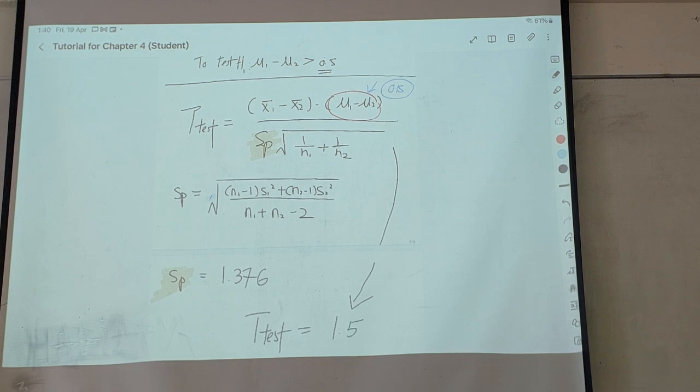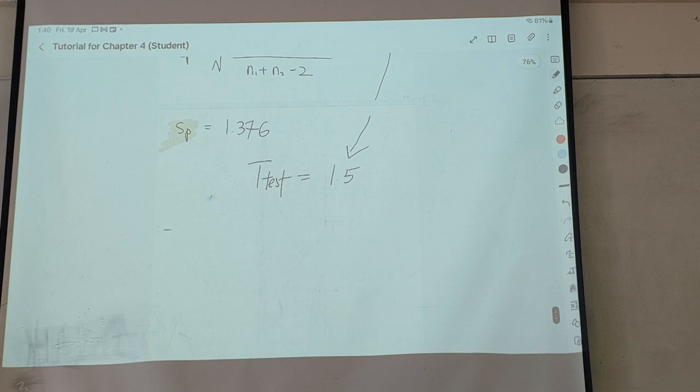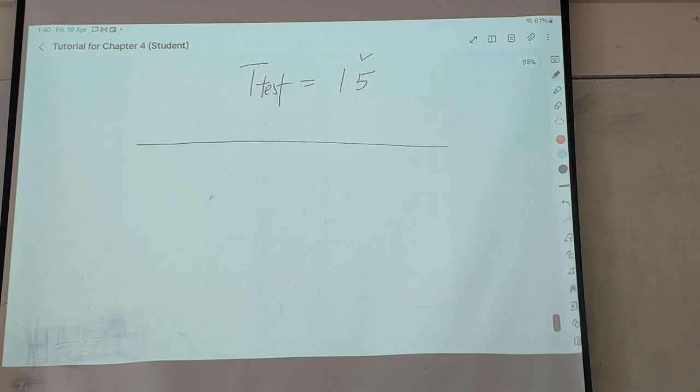Yeah, 1.5. Okay, so how about the critical value? The t distribution is just like the normal distribution. And from the question, we must test more than that, and more than that means one-sided. Yeah, so this is the t-test.